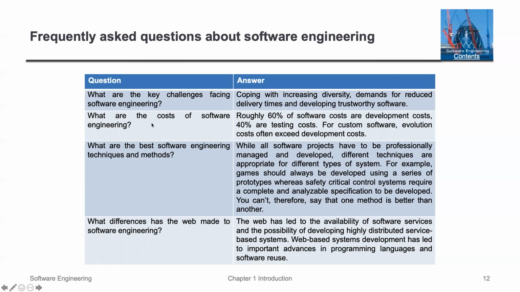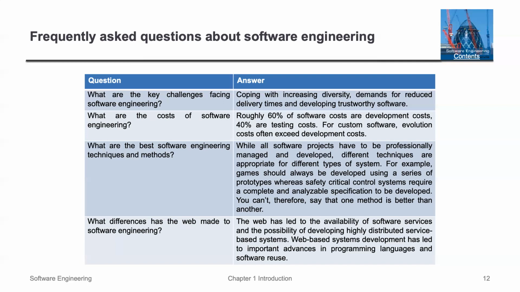What are the costs of software engineering? Roughly 60% of the software costs are development costs and 40% are testing. For custom software, evolution costs will exceed development costs. These are some of the things you'll have to be thinking about. How closely does it stand with an off-the-shelf type of product, or how much customization is required?